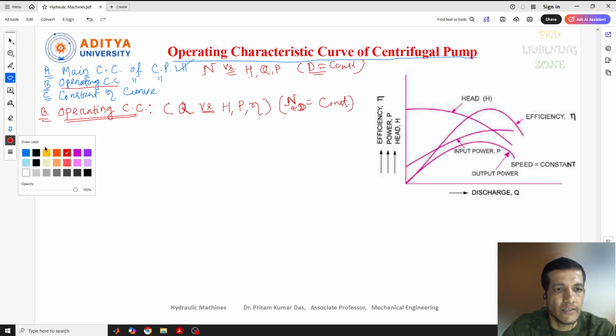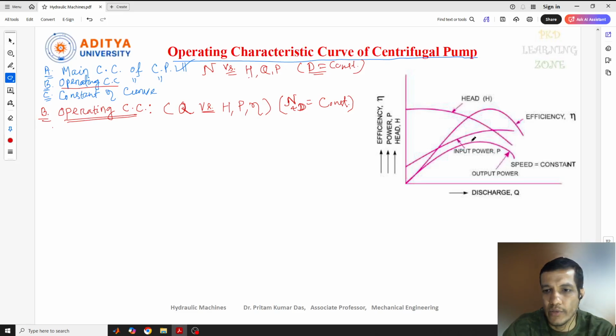So let's discuss it one by one. In the operating characteristics curve, as I told you, the x-axis has discharge, with unit meter cube per second. The y-axis has head, with unit meter, power, with unit watt, and efficiency, which is unitless. All these four curves are there.